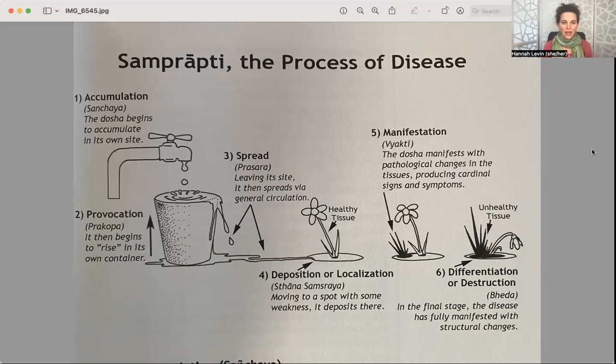When things start to get out of balance, it's like a drippy faucet that you can't actually turn off. This is called the Sanchaya stage, the number 1 stage, accumulation.